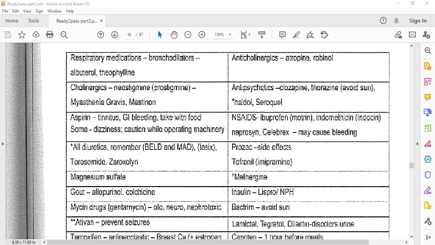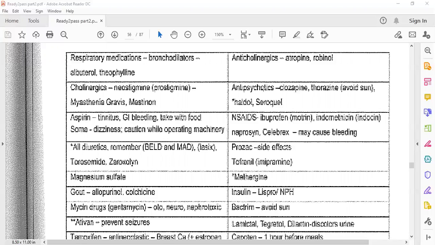It's called antipsychotic medication, basically. Like clozapine, thorazine, haloperidol, risperidone, olanzapine, quetiapine, so all are antipsychotic medications, right?